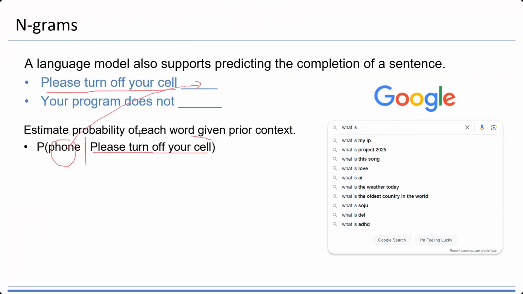So if I know this probability and the probability that this word followed by this word, then we can have a confidence that this word will be phone. So we will check the high probability of this word.